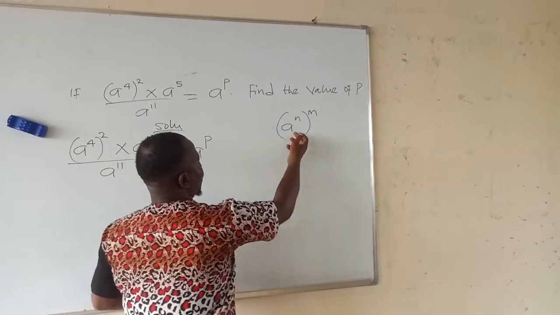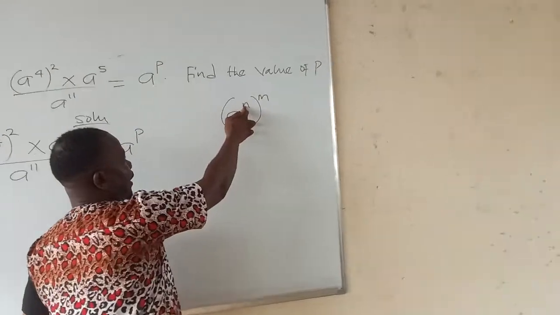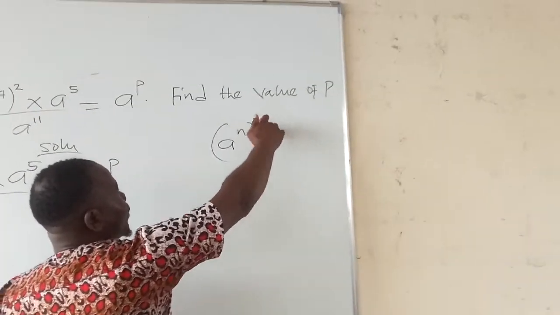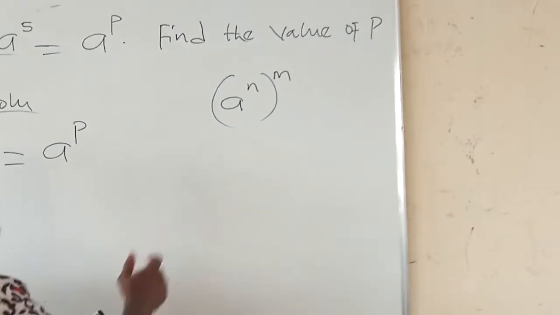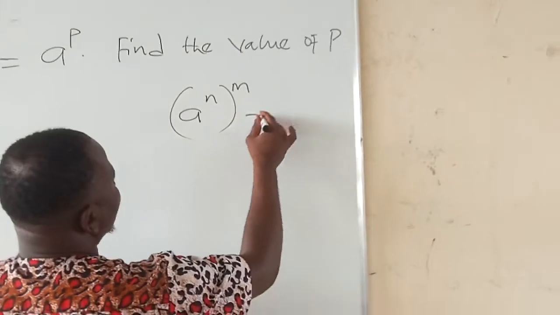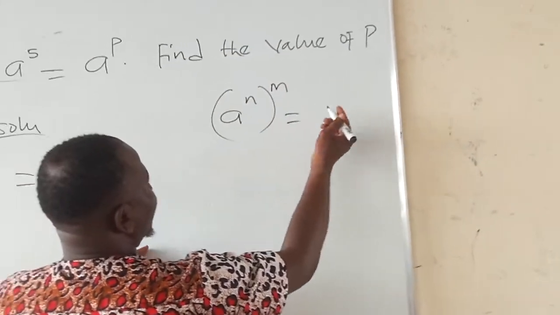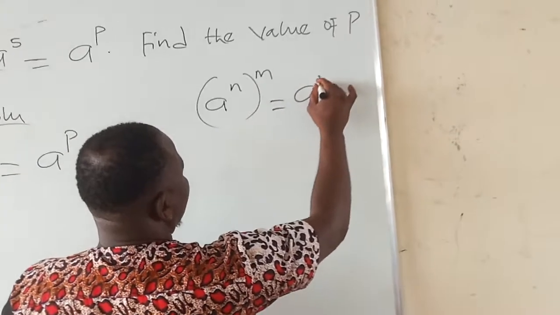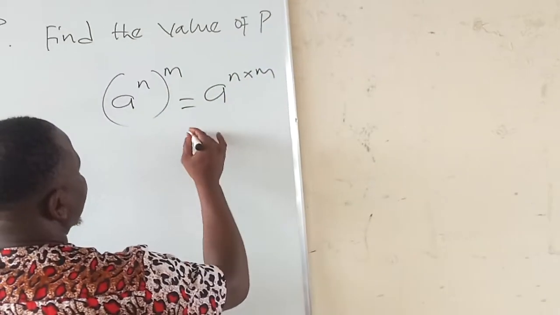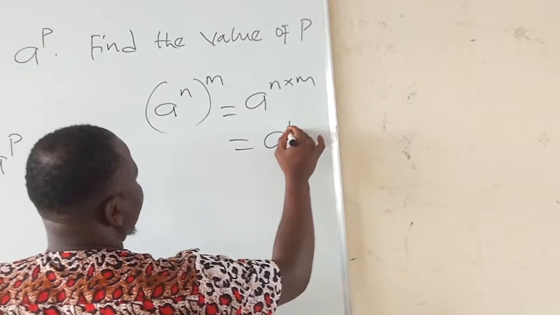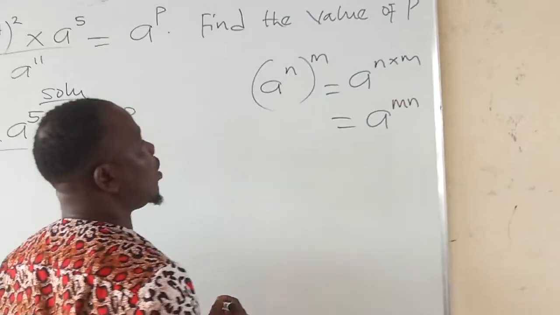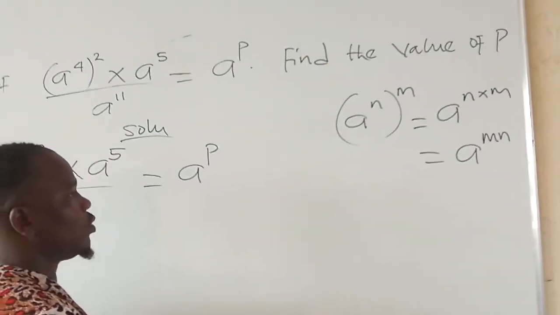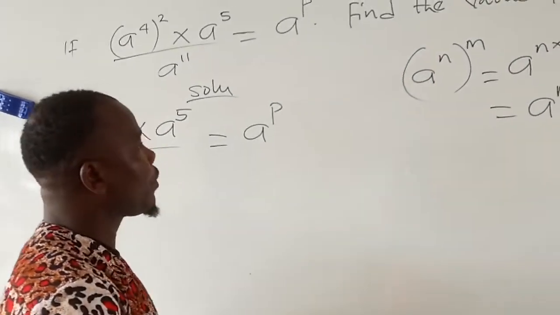Why? Because we have a power here, at the same time we have another power here. So this implies that you are going to multiply the two powers. That is a raised to the power of m times n. Then this will give you a^(mn) or a^(nm), whichever one. Is that clear?